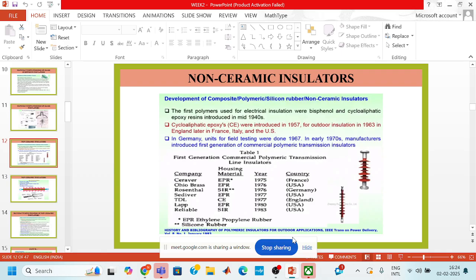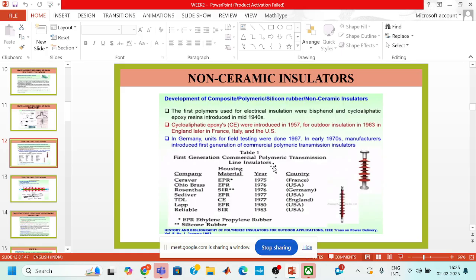Cycloaliphatic epoxies were introduced in 1957 for outdoor insulation, in 1963 and in Germany, units of field testing were done in 1967. After that, in the early 1970s, manufacturers introduced the first generation of commercial polymeric transmission insulators.